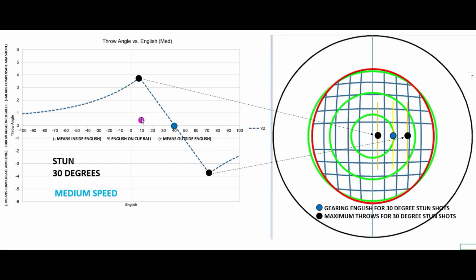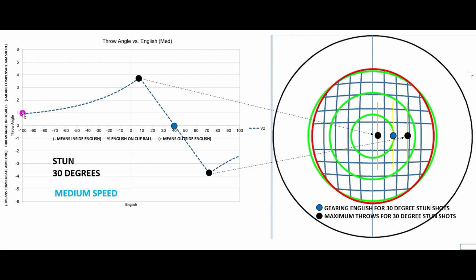The amount of throw is dependent on friction. The most friction from the cue ball to the object ball in stun occurs at about 10% outside English. After that, the spin is such that the friction decreases, and as the friction decreases, the amount of throw decreases.